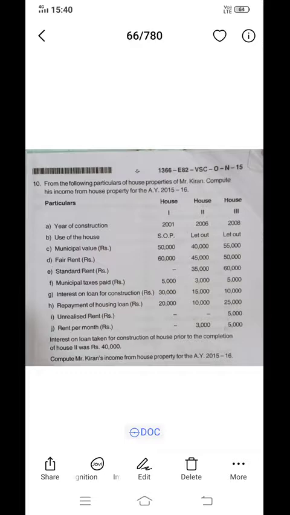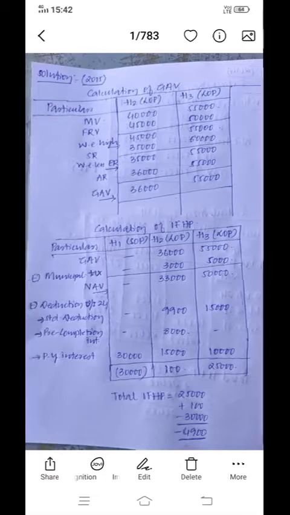But here in the question, the first house is SOP, therefore for SOP the GAV will be nil. So we have to calculate GAV only for house 2 and house 3.